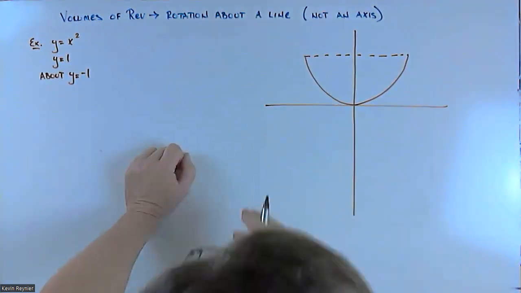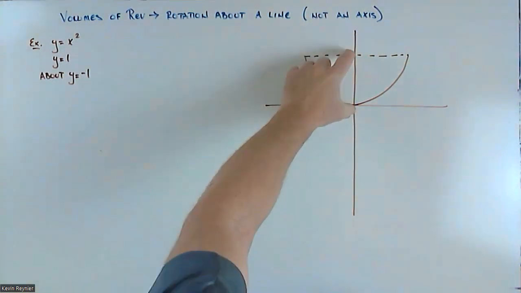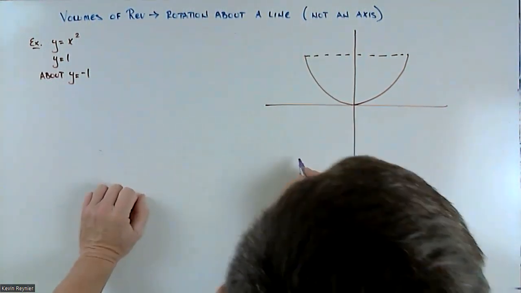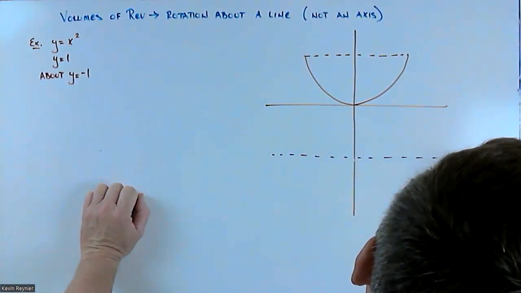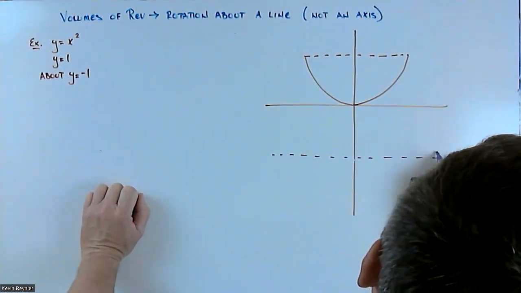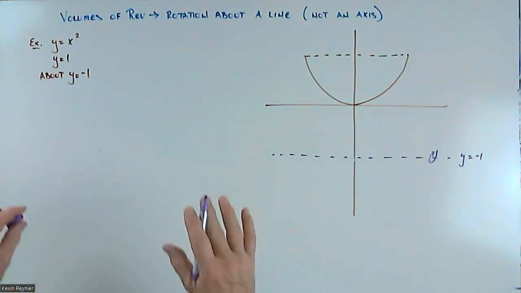Okay. Now our axis of reflection is not the x-axis, right? Our axis of reflection is the line y equals -1. It's down here. So we're going to spin about this line. Remember, we do the drawing. We haven't written anything else down.